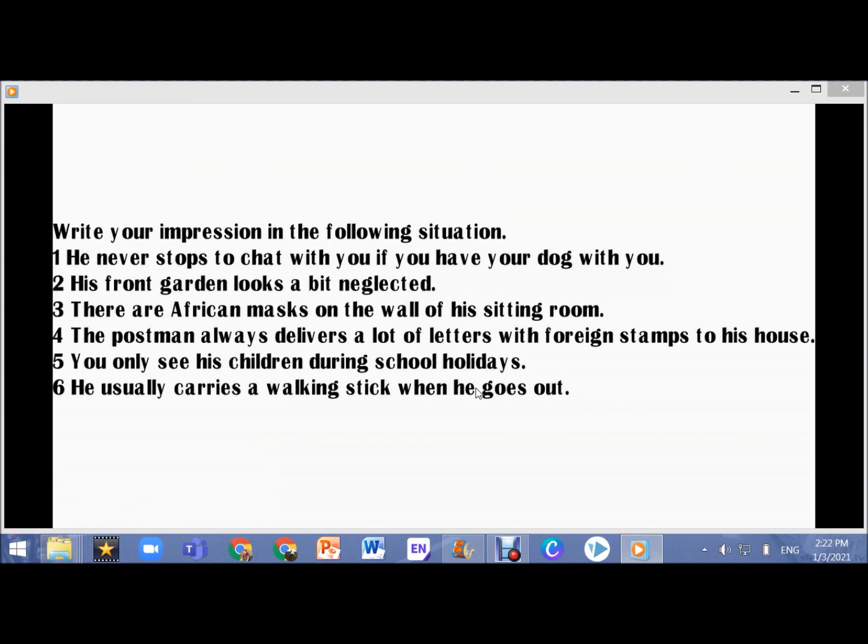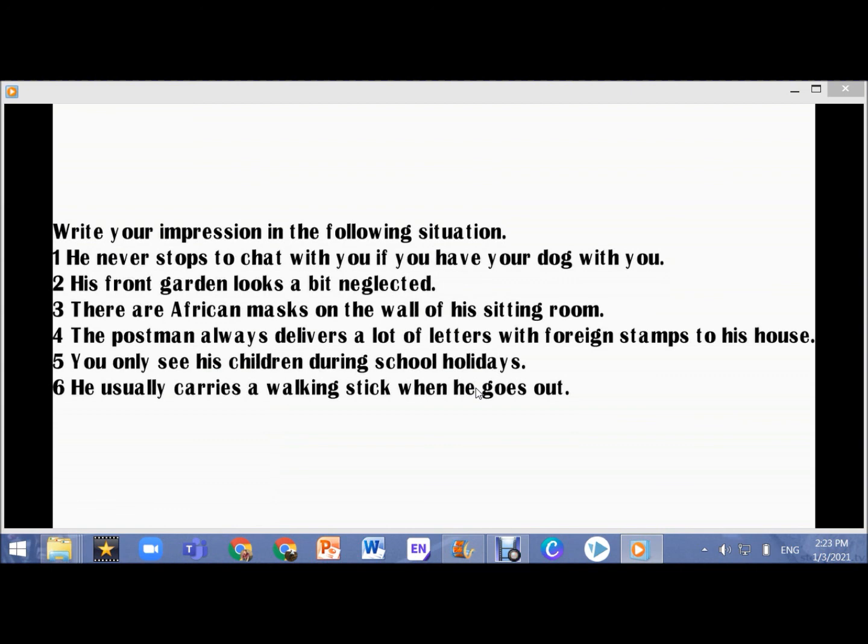So I would like to request you, before solving, if you remember this structure, you can do it. The basic thing you should know, as a conclusion: seem is used to talk about your general impression, to express your general impression. And do remember the structures that I have given you, and then try to see the question. There will be two types of question.